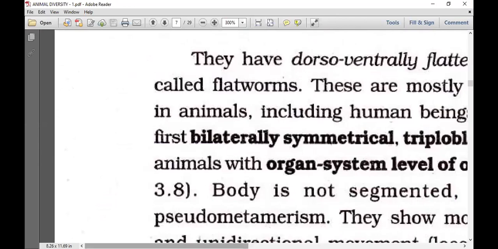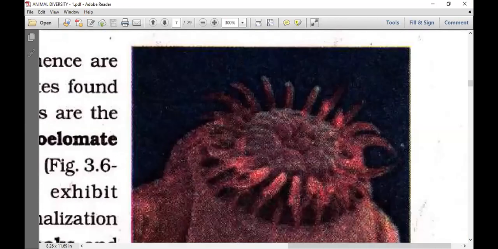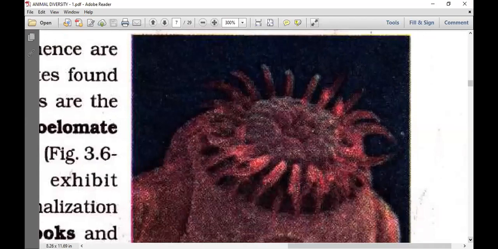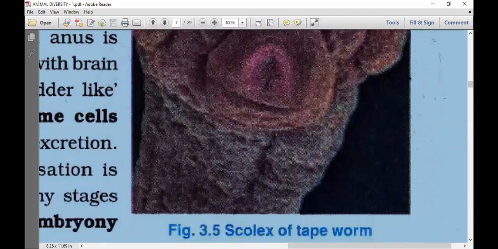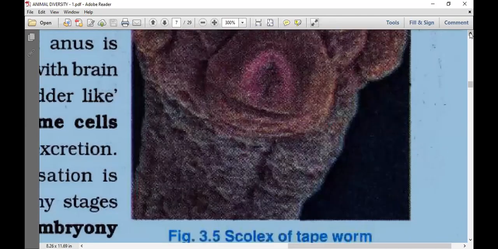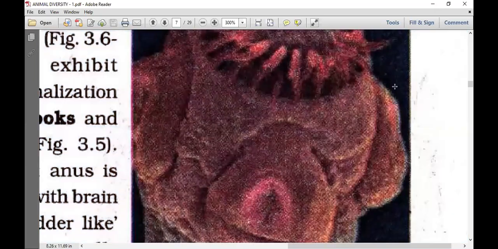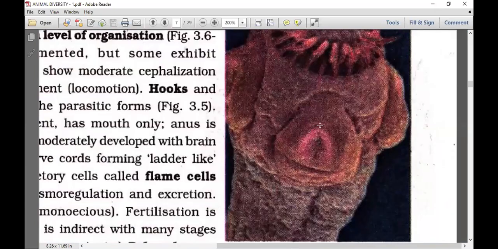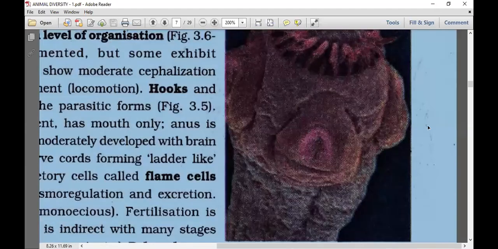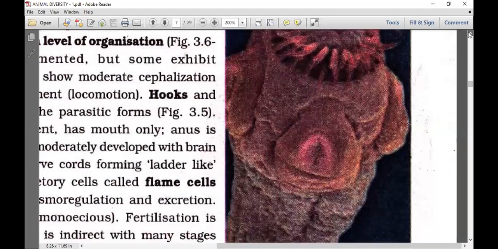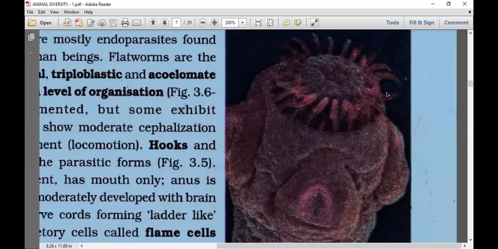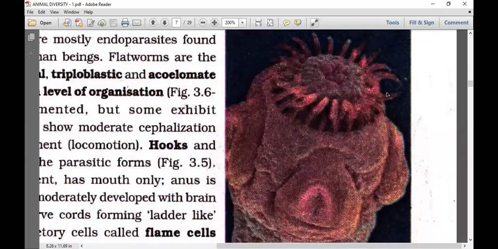I'll show you the tapeworm. There you can see the hooks and suckers. The size needs to be reduced a little so that you can see clearly. This is the tapeworm.